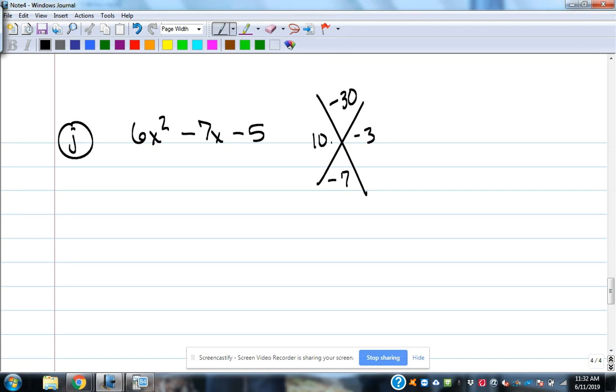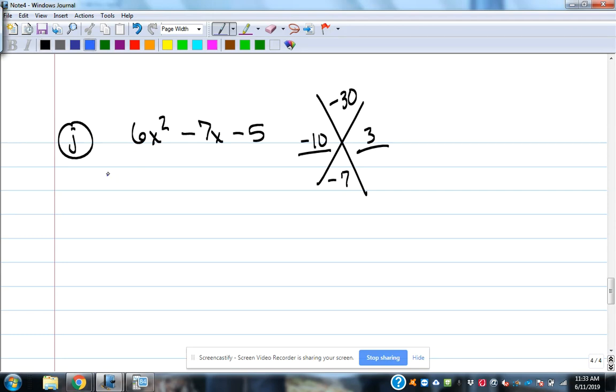What's 10 plus -3? 10 plus -3 is +7. So if we swap the signs, -10 plus +3 is -7. So these are the ones we want to use. Okay. So be careful of your signs. Always check that addition step when you've got negatives involved.